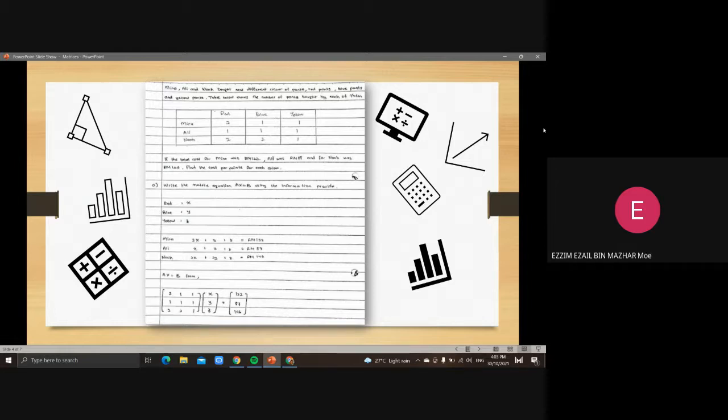From the table, I sort out the colors of the paints and represent them using alphabets: red equals x, blue equals y, and yellow equals z. Then from the table, I make the equations: 2x plus y plus z equals 122 ringgit for Mira, x plus y plus z equals 87 ringgit for Ali, and 2x plus 2y plus z equals 146 ringgit for Noah.